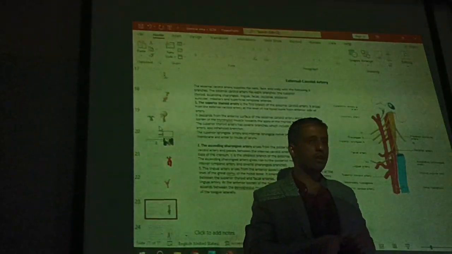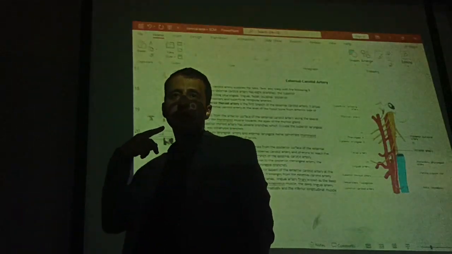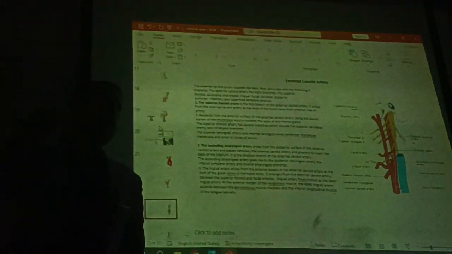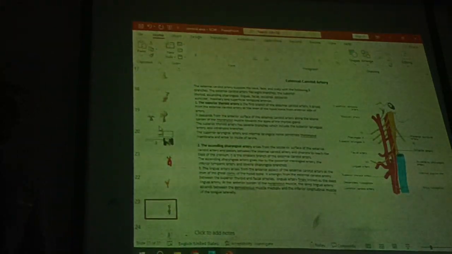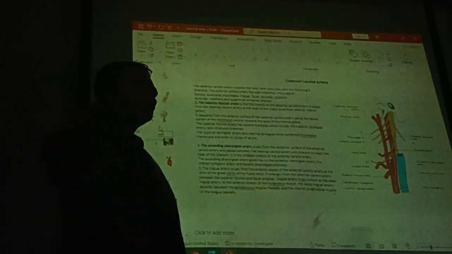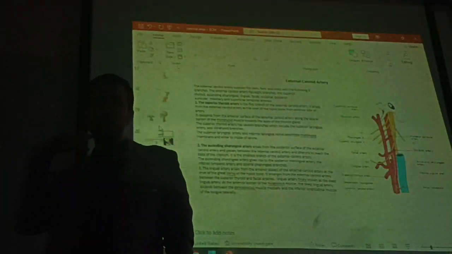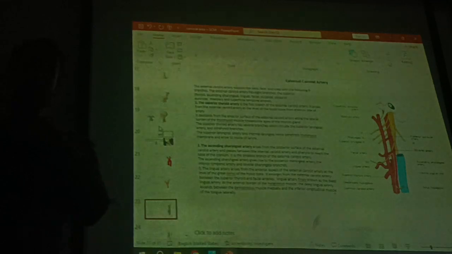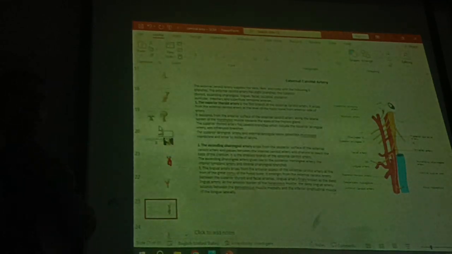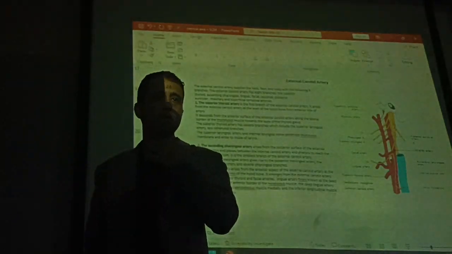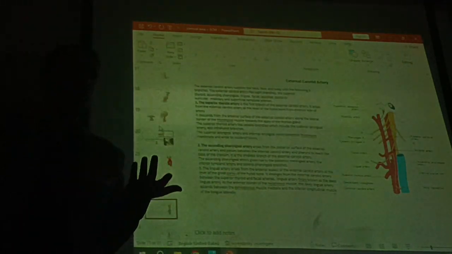The lingual artery comes superiorly and travels anteriorly to arrive at the digastric triangle. When it arrives at the digastric triangle, it inserts deeply to the mylohyoid muscle and enters the tongue.